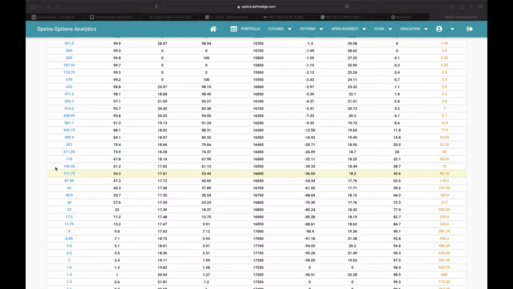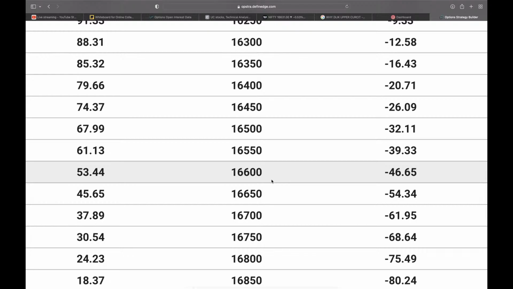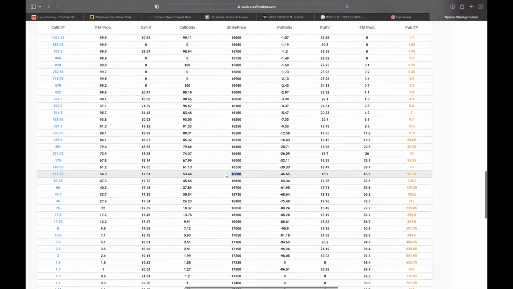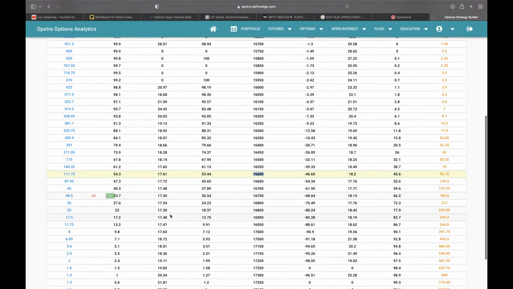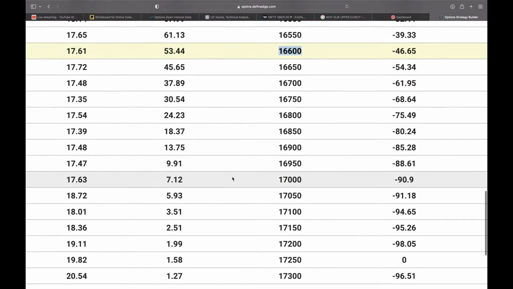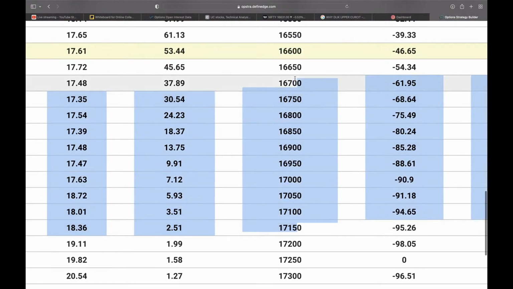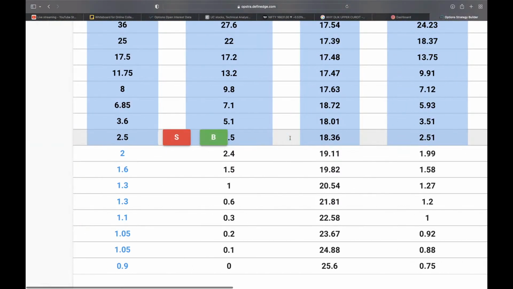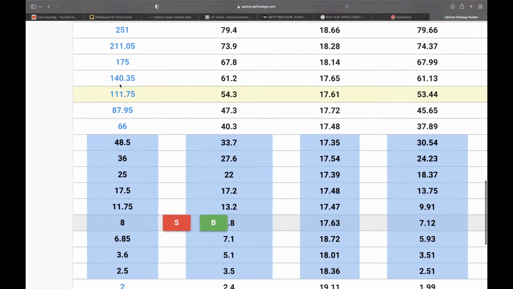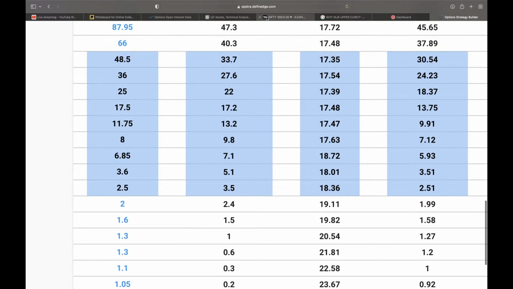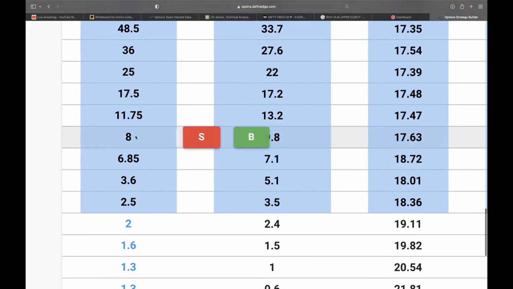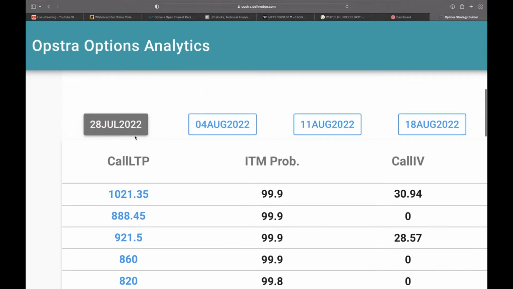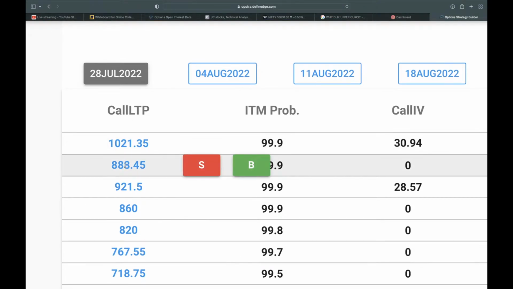This is the at the money, ATM. This yellow line is the long position, at 16,600. See this? Now just check below. As you increase the numbers over here, the contract strike prices, the value will decrease. So these are safer. See, this is 8 rupees, and the higher you go it is 800, 900, 1,000 rupees.